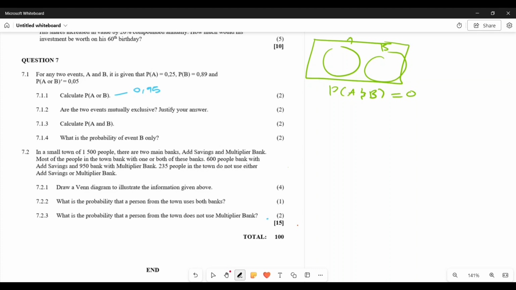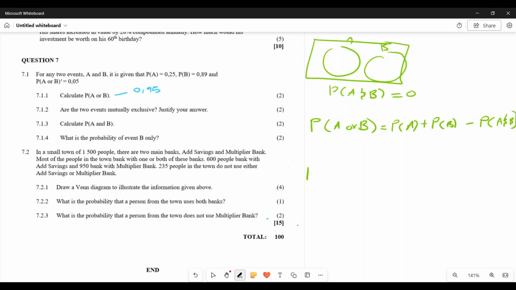Taking that into consideration, I want you to make note of this. We're going to use this formula to answer the following question, to know whether these two events are mutually exclusive or not. Whenever you have a question relating to mutually exclusive, this is the formula I expect you to use. The probability of A or B is equal to the probability of A plus the probability of event B minus the probability of A and B. But remember, for mutually exclusive events, the probability of A and B is always equal to 0.